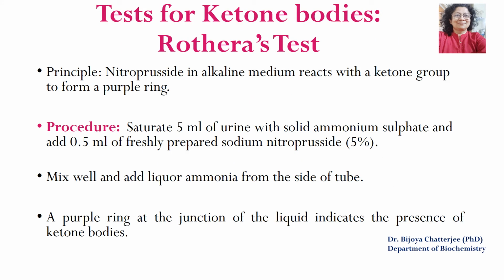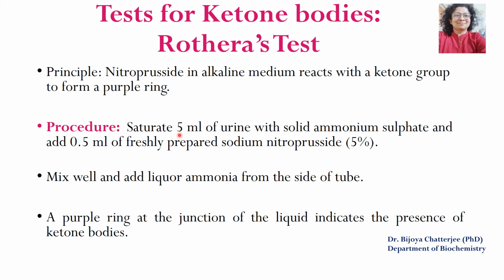The test for ketone bodies is Rothera's test. It is a common test for all the ketone bodies. The principle is that nitroprusside in alkaline medium reacts with the keto group to form a purple ring. What exactly is the procedure?